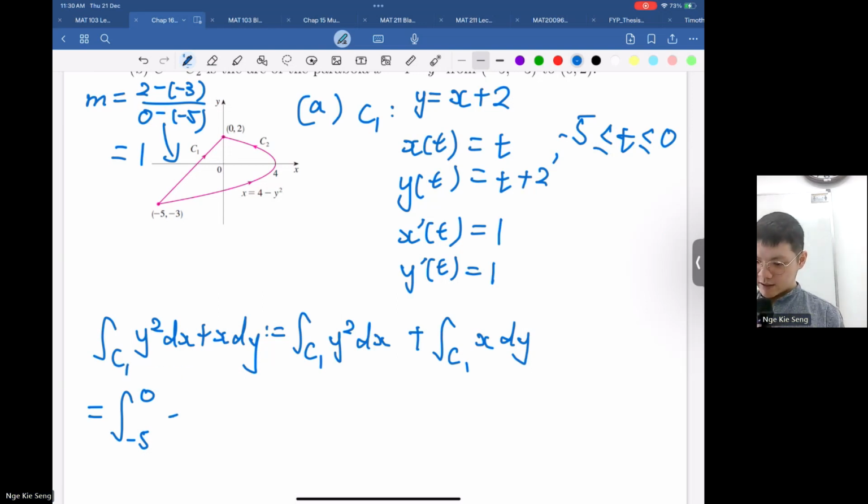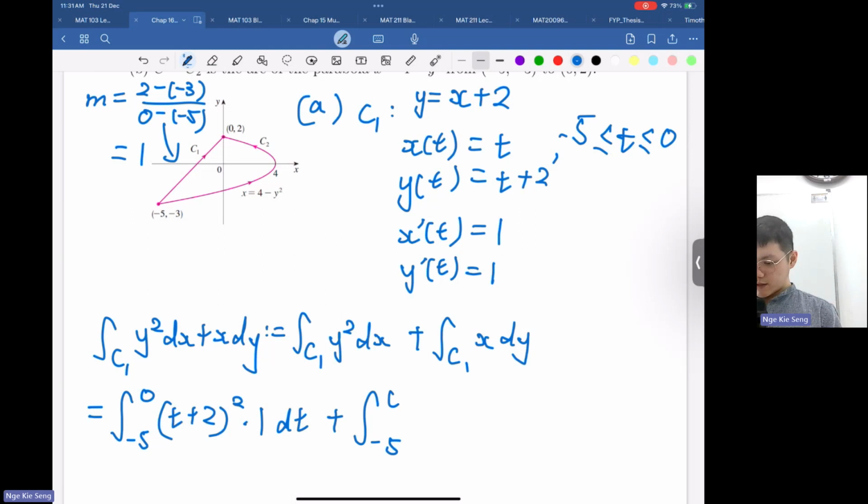So you have t plus 2 squared. Because it's in the x direction, you kill the y part. You're left with x prime t, so there's 1, and then dt. Plus integrate from -5 to 0 again. So x is t. You kill the x direction, you have y prime t, which is 1, and then dt.